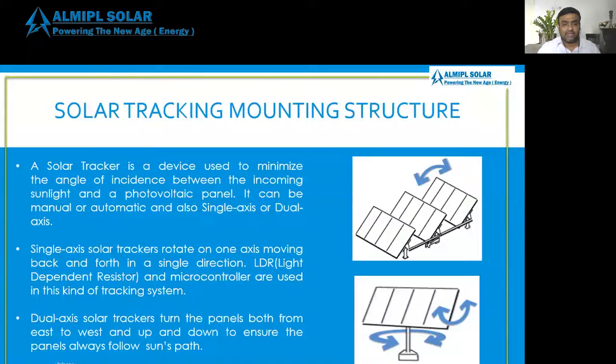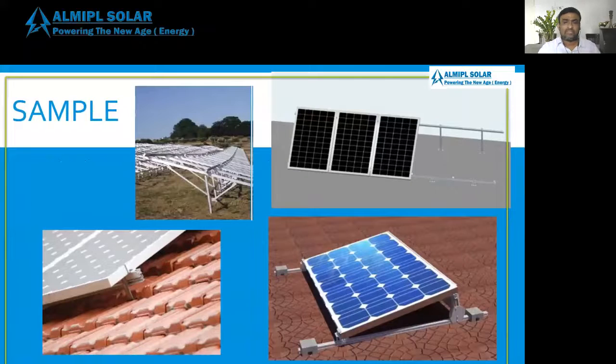LDR, light dependent resistor, and a microcontroller are used in this kind of tracking. A dual axis solar tracker turns the panel both from east to west and up and down to ensure the panels follow the sun path. Samples of the installation.